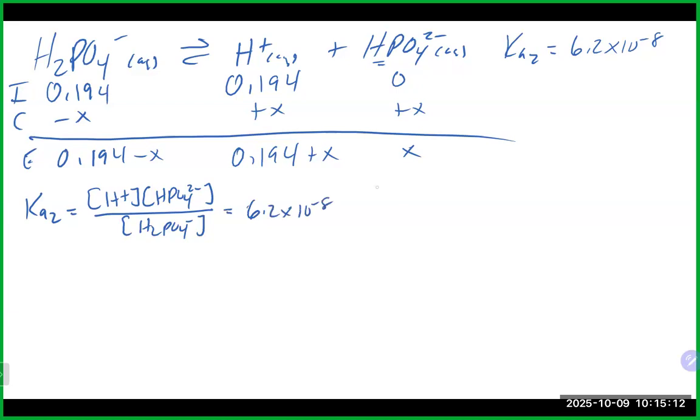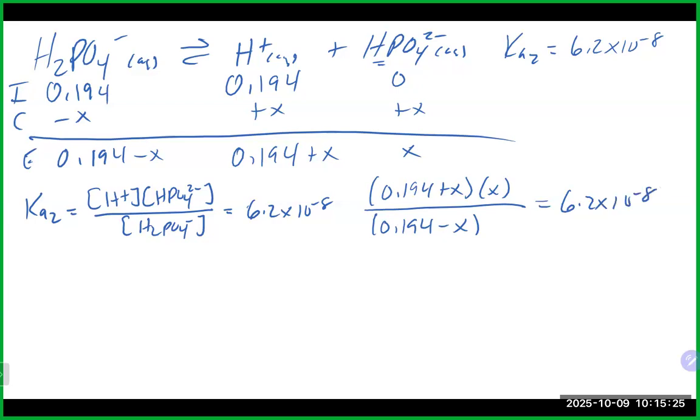Putting in our numbers gives us 0.194 plus X times X divided by 0.194 minus X equals 6.2 times 10 to the minus 8.